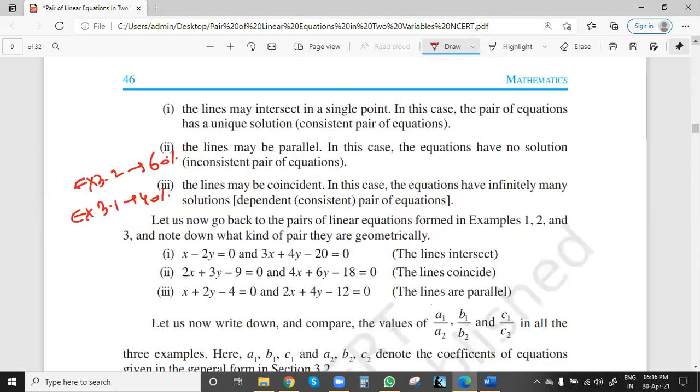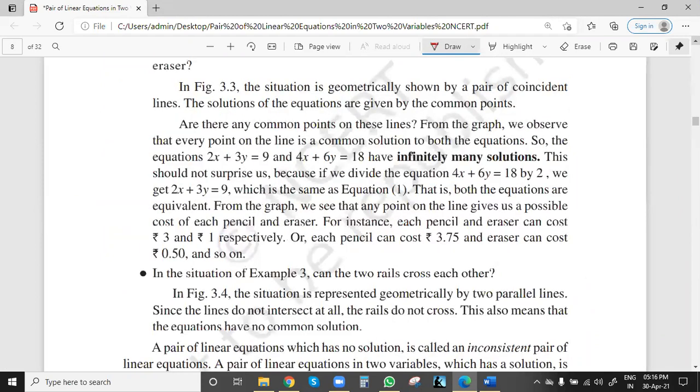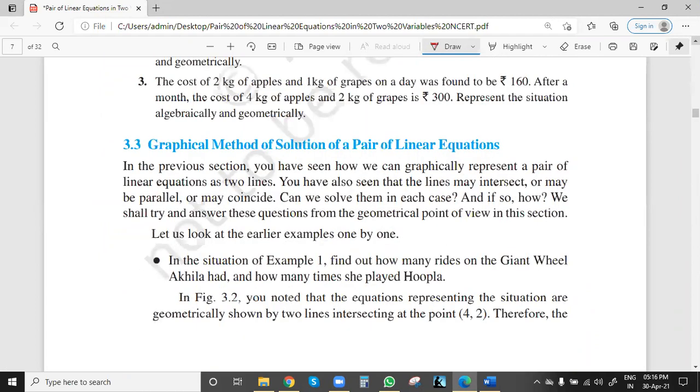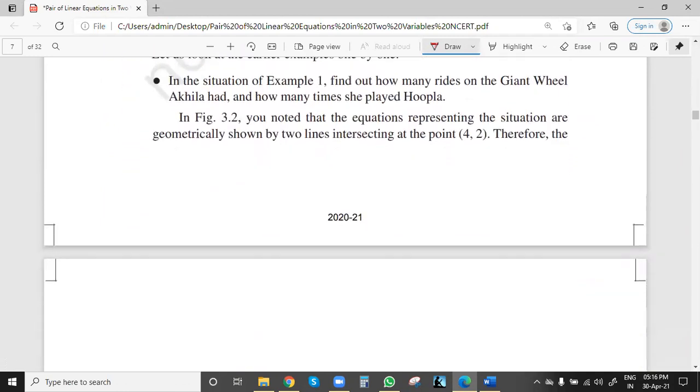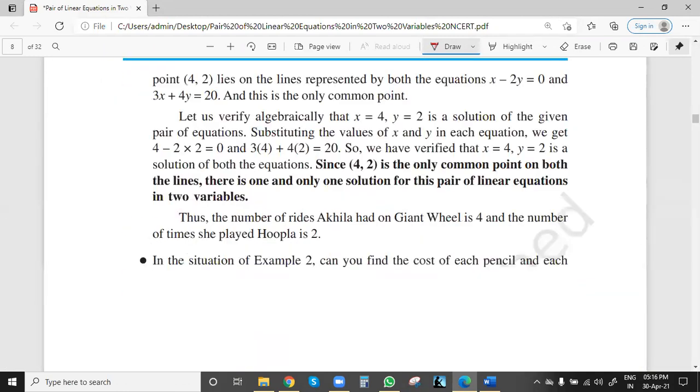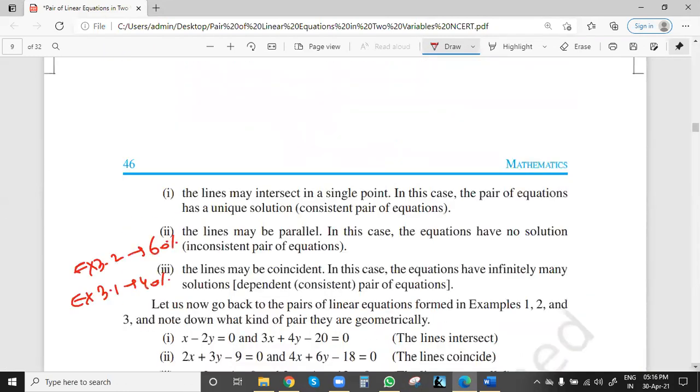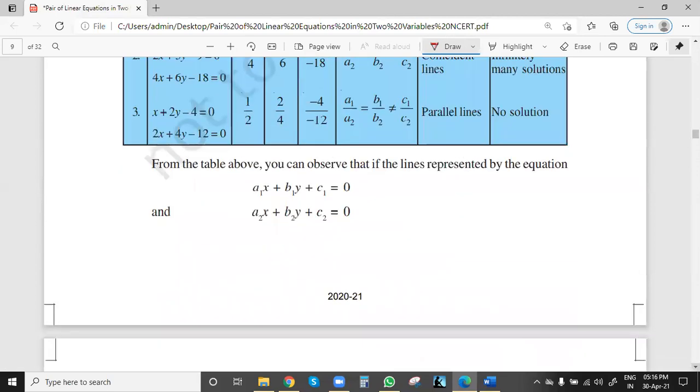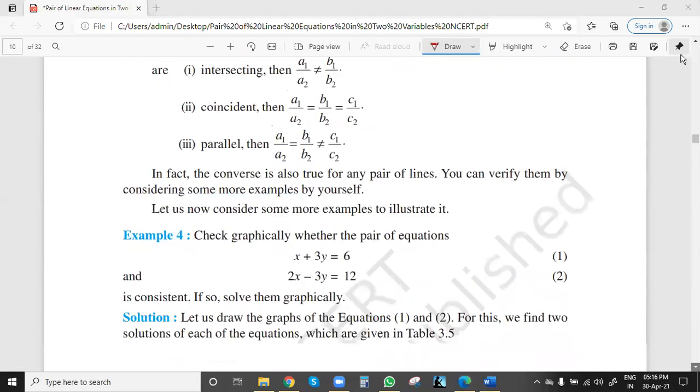So here we can see this graphical method of solution of pair of linear equations. We have also seen how to solve graphically, but this exercise is mainly based on graphical solution only. Here we will solve the first question, example number 4.